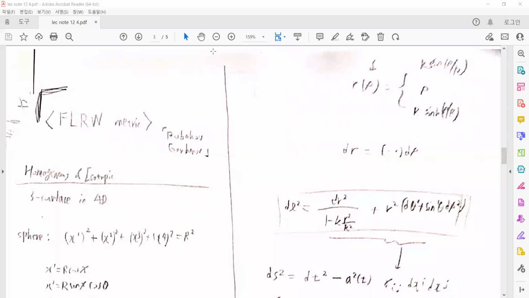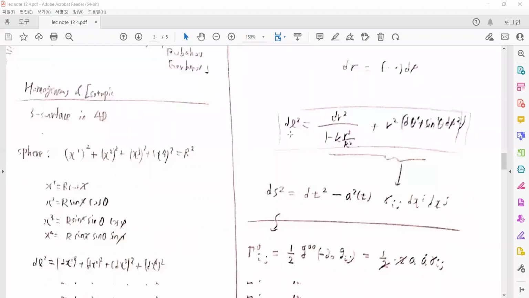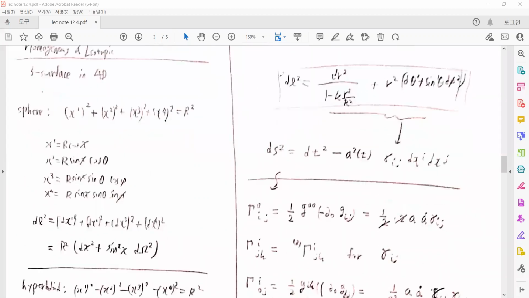There is some relation between the radial coordinate r and chi, so we can change d chi. The metric can be expressed in terms of dr. So we can write the three-dimensional spatial interval in terms of dr and some solid angle part, and the curvature term will appear in the denominator of the dr term.